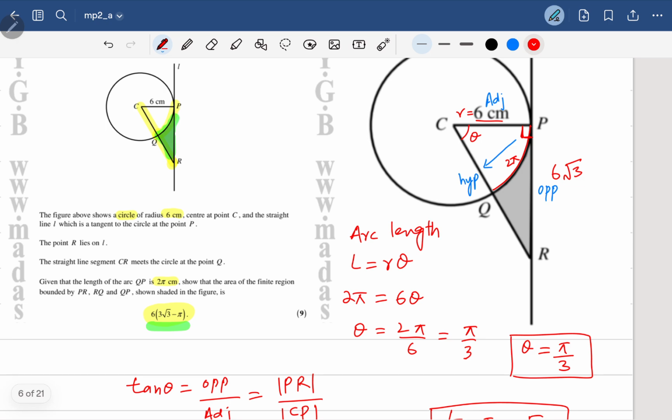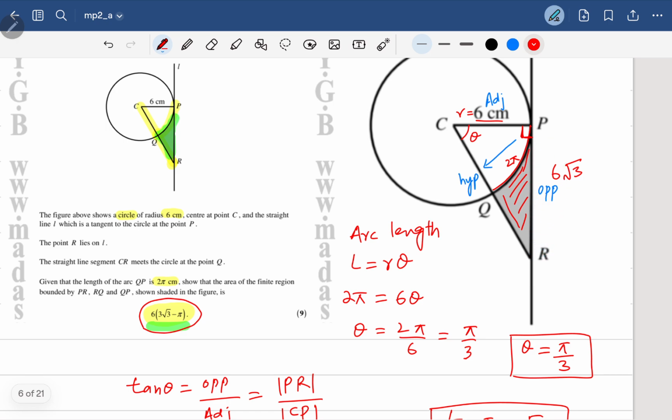Okay, so our objective is to work out the area of this shaded region, and it should be equal to this value, 6 times 3 root 3 minus pi, right? Now we have the base of the triangle, which is CP, 6, and the height of the triangle, which is PR, 6 root 3.